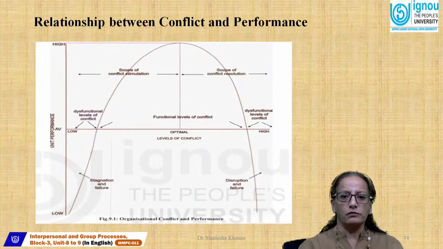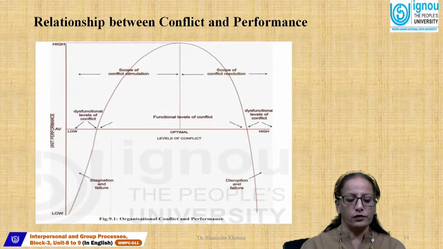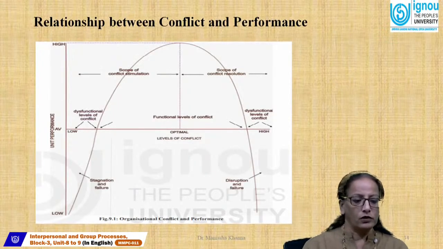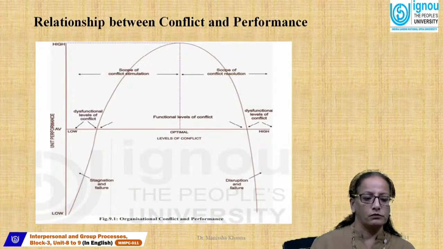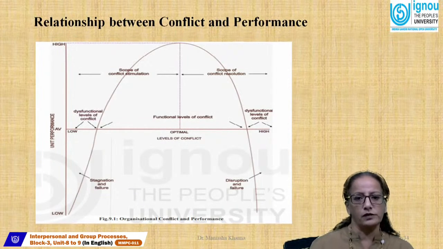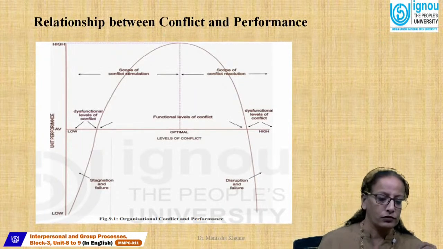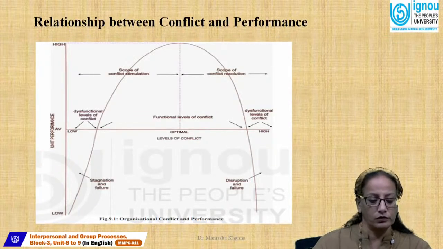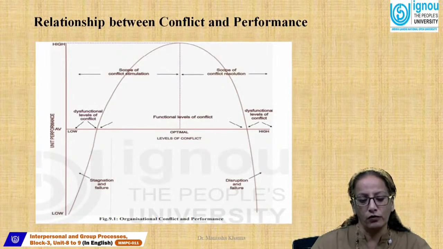In this figure, this chart, we can see the relationship between conflict and performance. When performance is low, the conflict is low. You can see different stages of a person's performance, and it follows a downward oval shape.